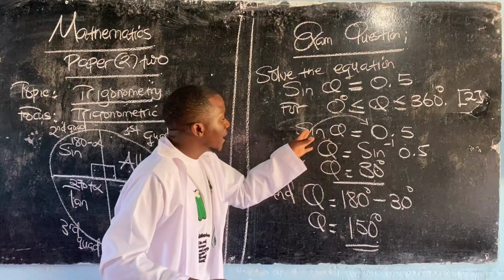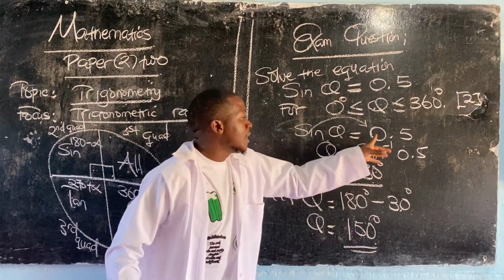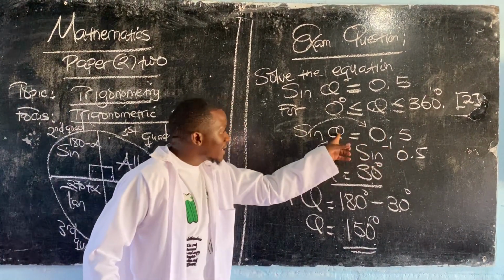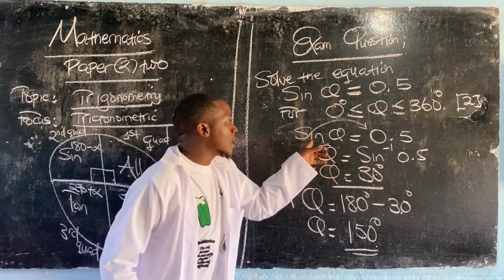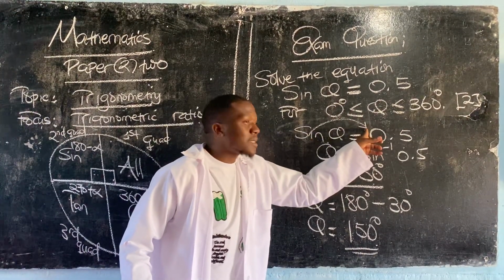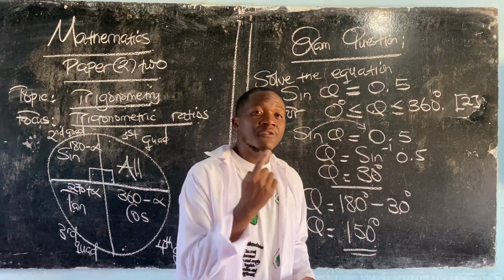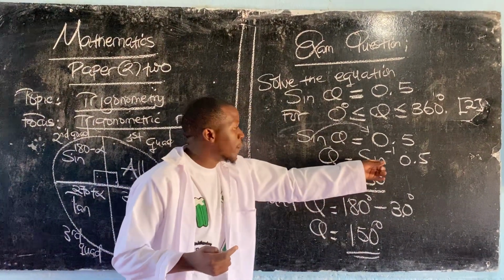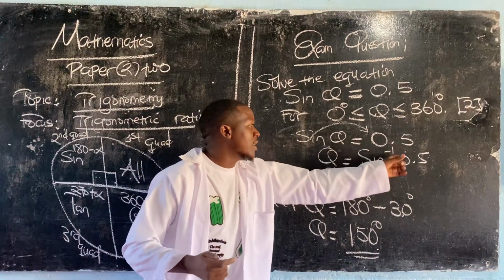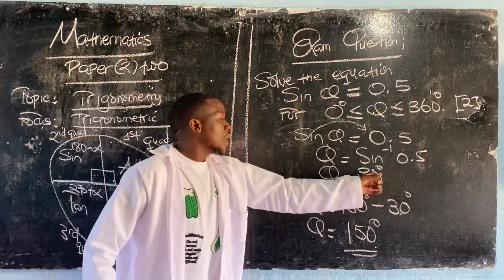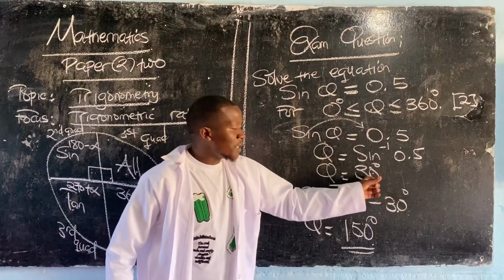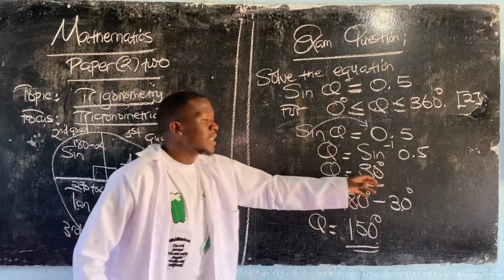And this is whereby it was sine theta equals 0.5. Then we let theta remain alone and cross over the ratio. And when it does cross over the ratio on the calculator, we're going to press the buttons shift and sine, and it will display sine inverse of 0.5. This is going to give us a special angle of 30 degrees.